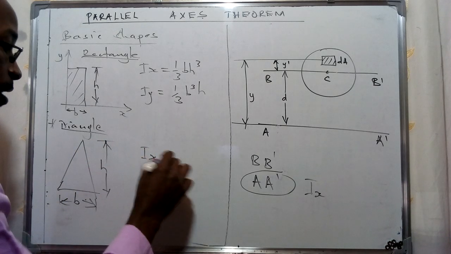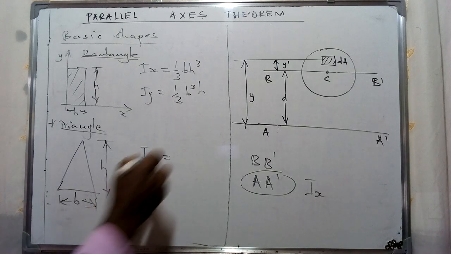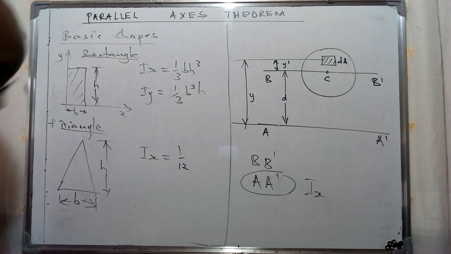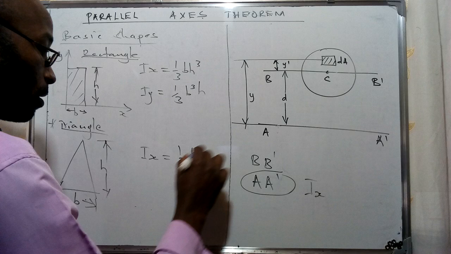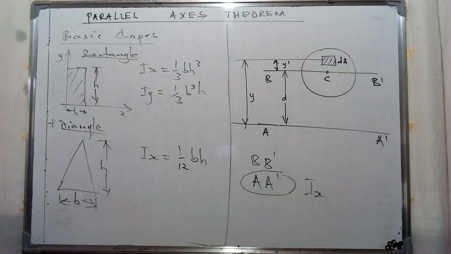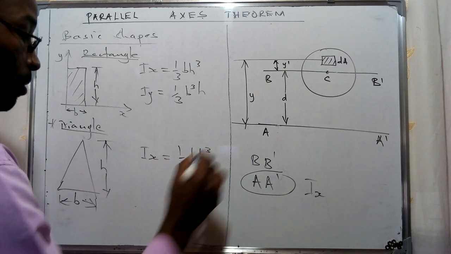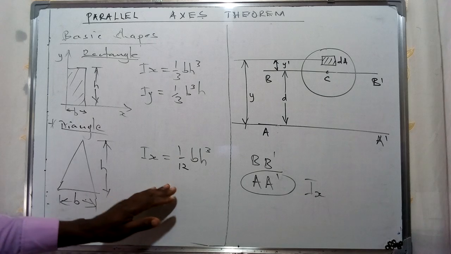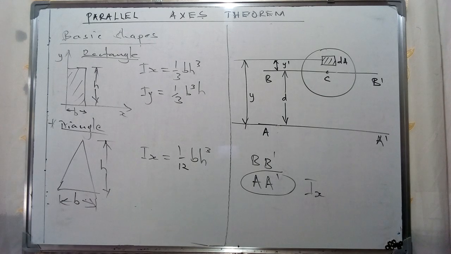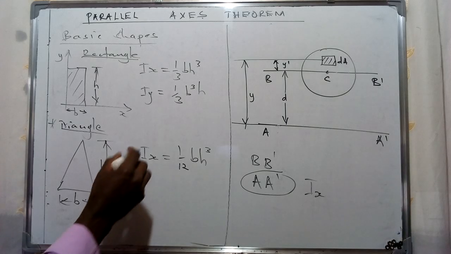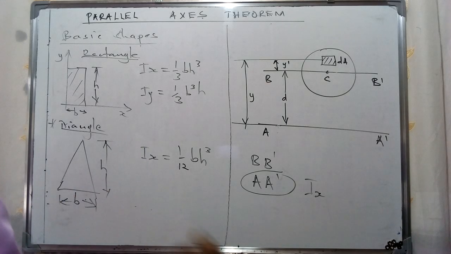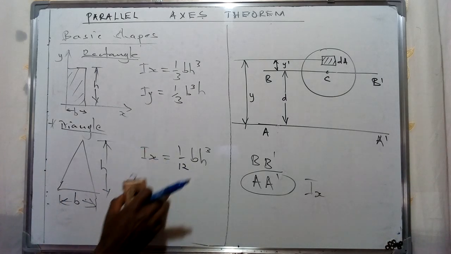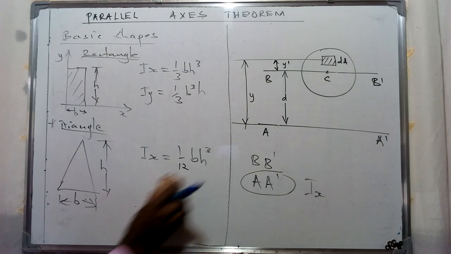So the moment of inertia about the x-axis of this specific triangle is given as follows. We have done one of the examples of this specific evaluation in our previous problem set, so you can just check our description box for a link which is going to contain that specific video. Now in this case, this is how we can indicate the moment of inertia of a triangle, given as one twelfth b h cubed.